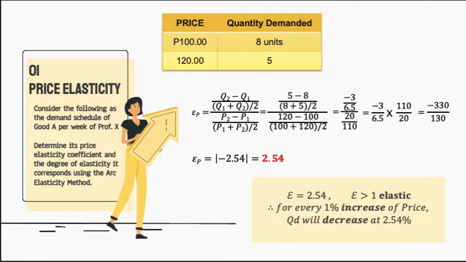Since it is greater than 1, then the type of elasticity it corresponds to is elastic. It means that the quantity demanded is highly sensitive for every change in its price. Therefore, we can analyze that for every 1% increase of price, quantity demanded will decrease by 2.54%.